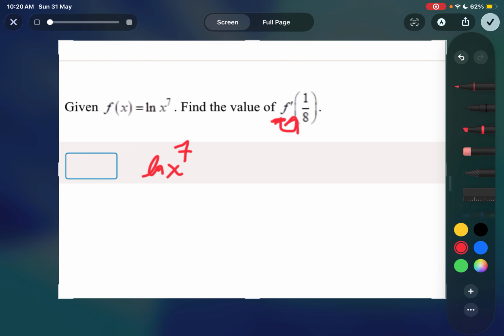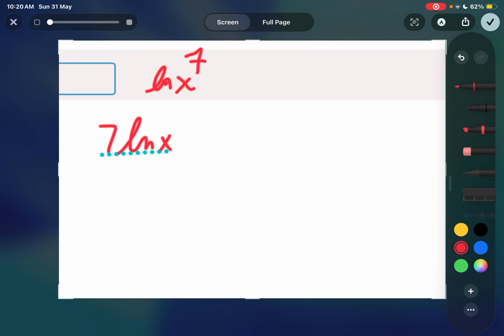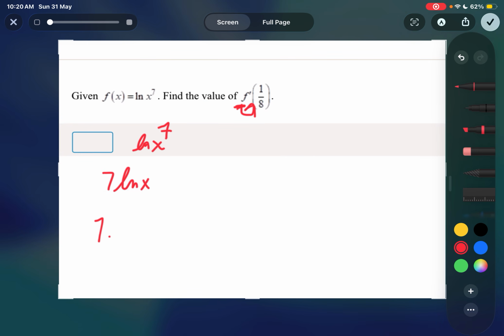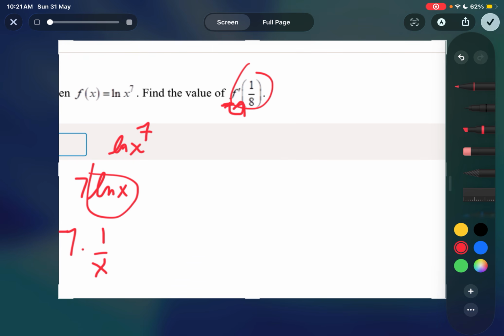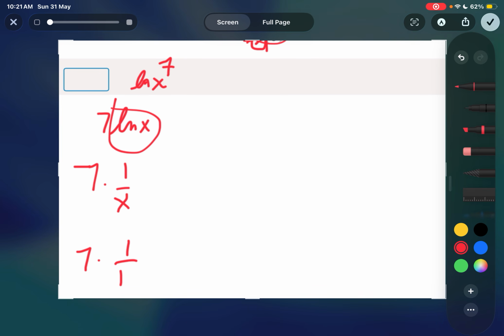So it will be 7 ln x, and then it will be 7 times the derivative, because now it's c times u. The constant stays constant, 7, and the derivative of ln x is 1 over x. Now easily just replace it, so it will be 7 times 1 over 1 over 8, and it will become 56.